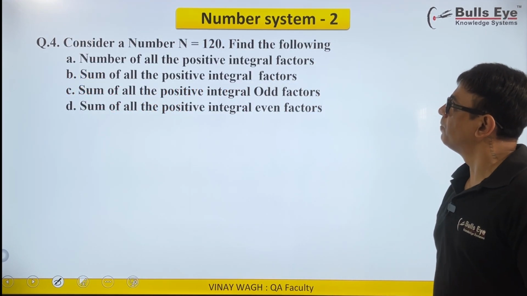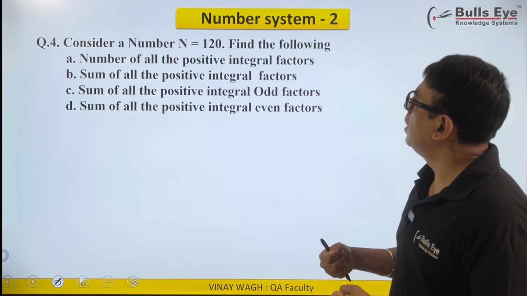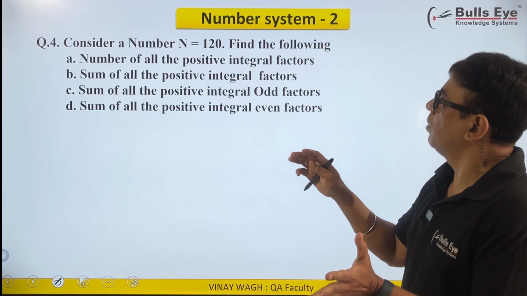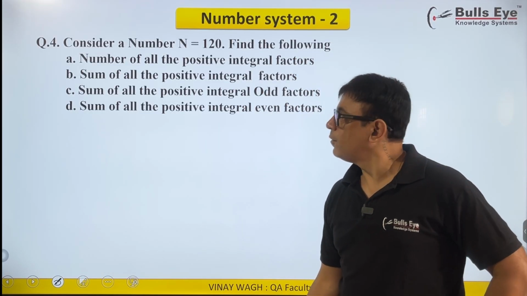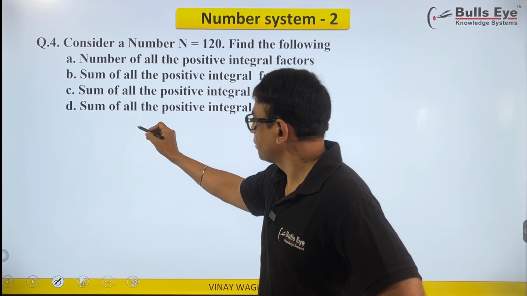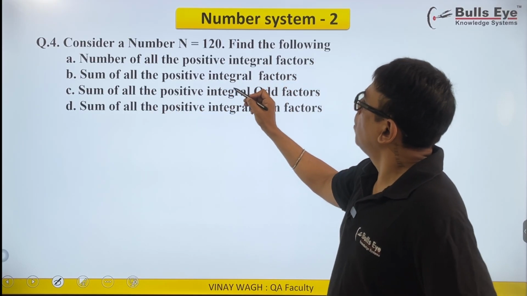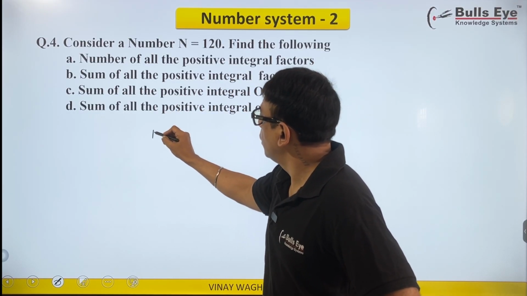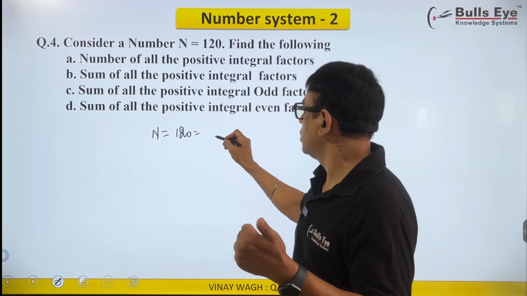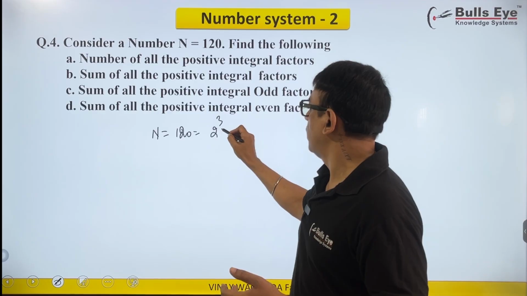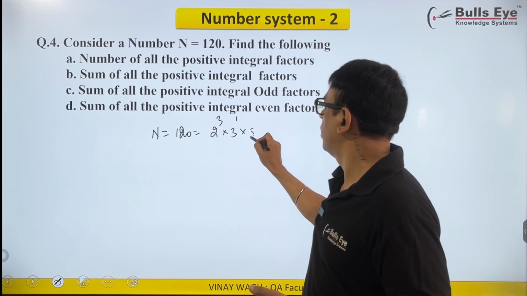Consider the number n. What are we revising here? The number of all positive integral factors, and the sum of those. The first identity: for a given number, to find the number of all positive integral factors, you need to write that number as prime factors. 120: 60, 30, 15, and 15 is 3 into 5.